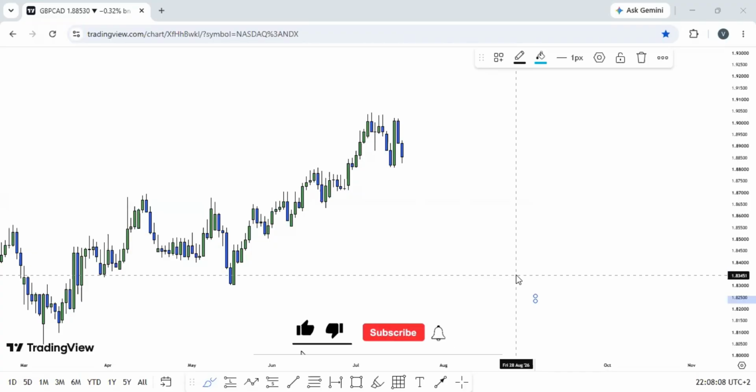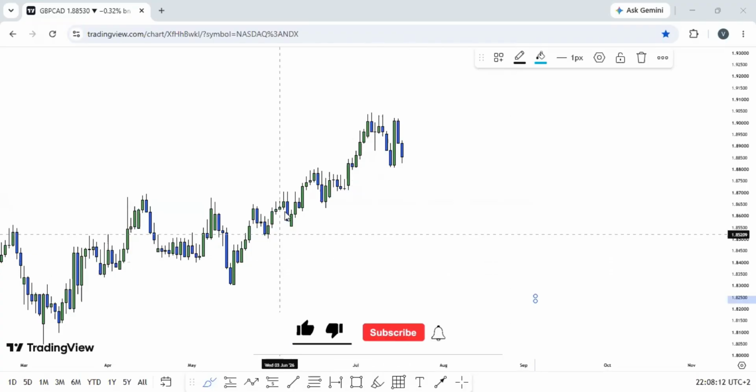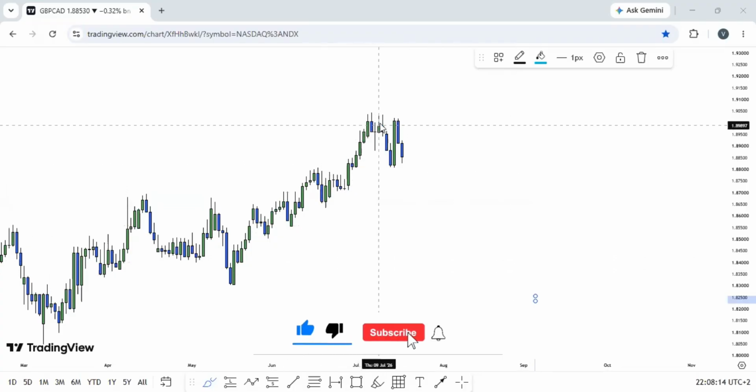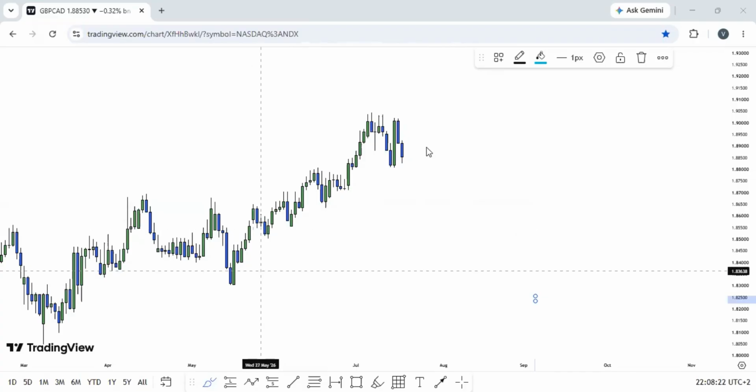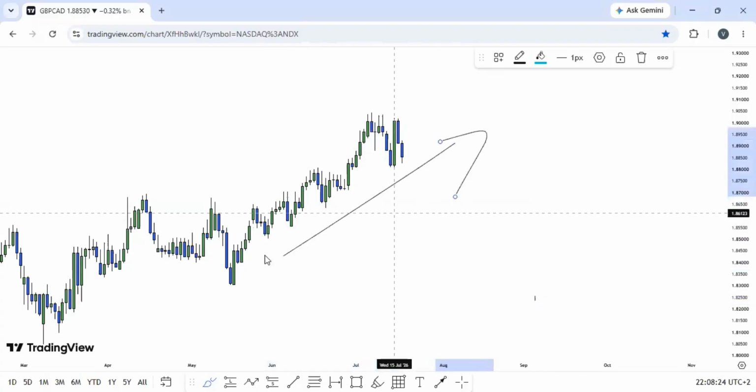So, yeah, guys, I'll be analyzing GBPCAD for the upcoming week. As you can see on the GBPCAD, we're currently on a bullish structure. The market is currently on an uptrend.